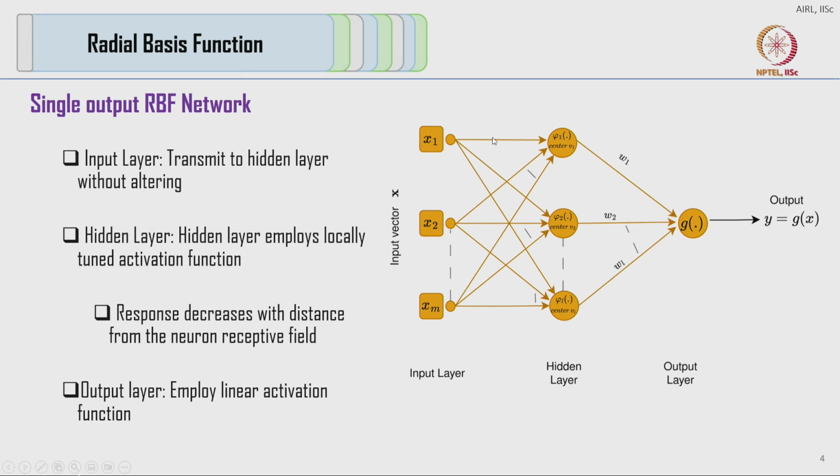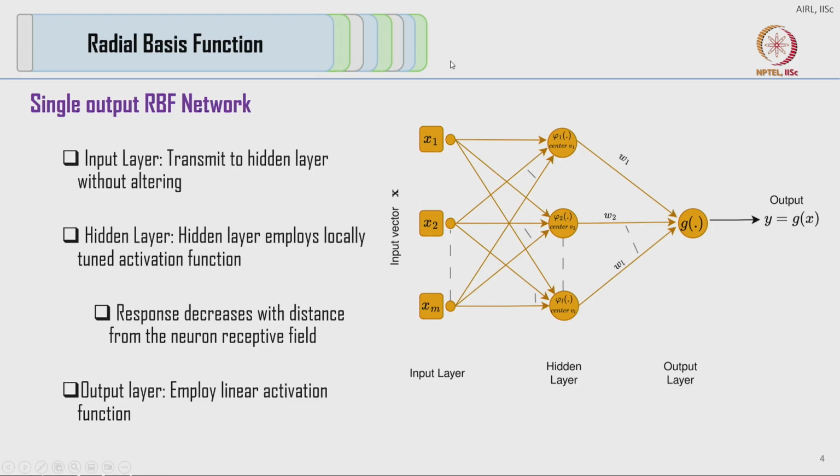In MLP we have weights that scale the input. Here the weights are equal to 1, which means there is no change in the input, which goes directly to the activation function. The output of the activation function is again multiplied by a weight, which passes to the output neuron, and we may have an activation function here, which will produce an output Y. Y is equal to G of W into X, the activation potential.